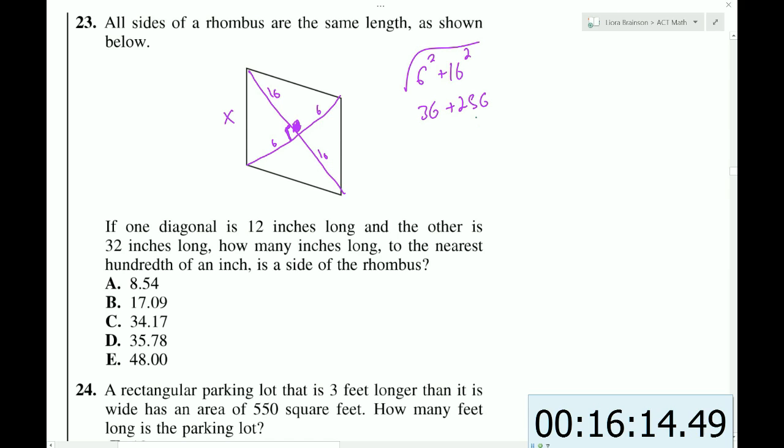So 256 plus 36. That looks like it's going to be 292. So radical 292. So at this point, you can reach for your calculator. If you kind of know most of your radicals, you can see that this is going to be close to 17 squared, which I believe is like 289 or something to that effect. So yeah.